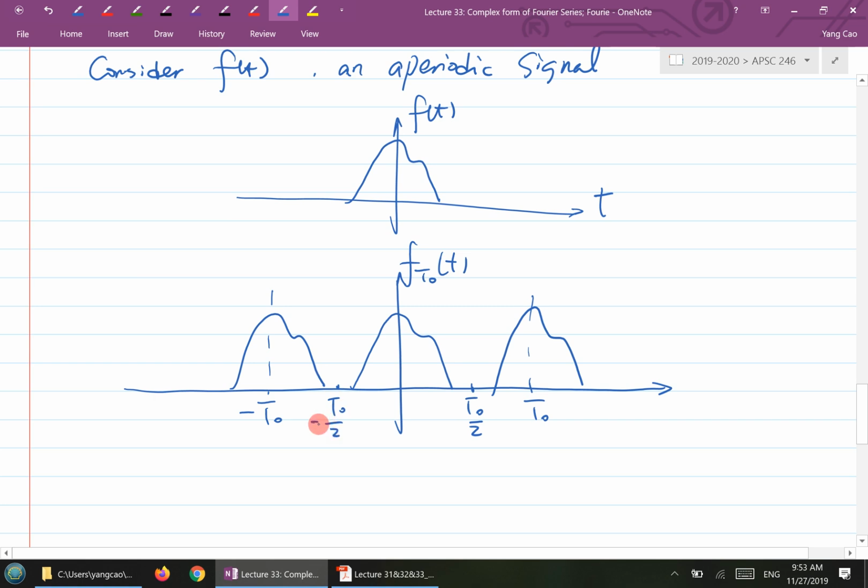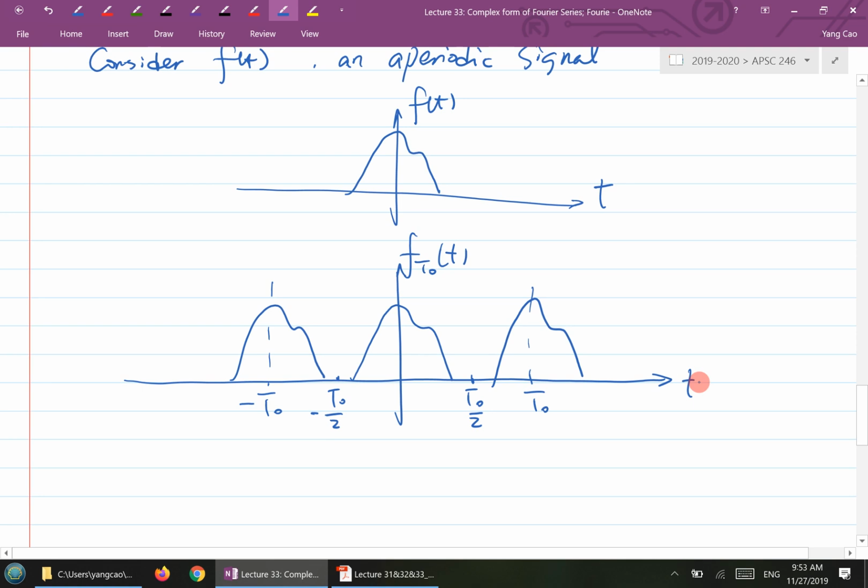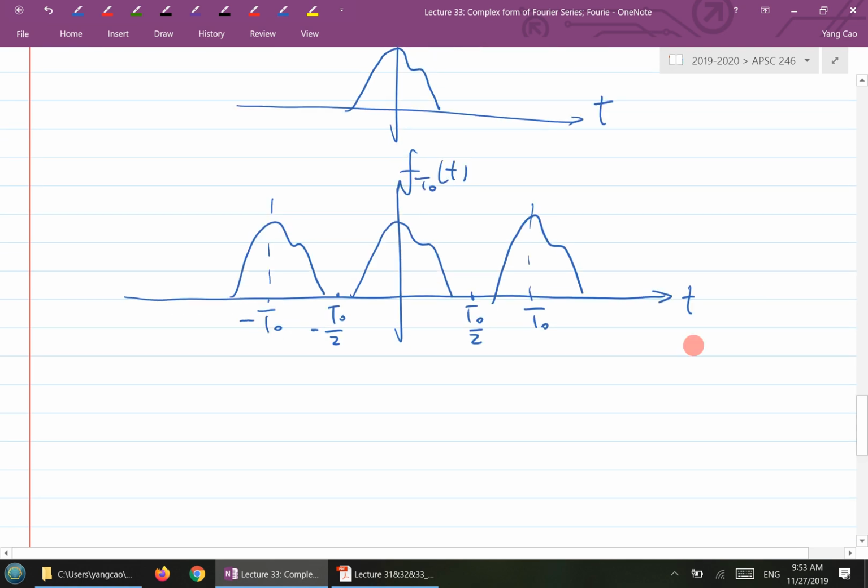Okay, this is all we're doing here, right? We're making copies of it, and then we make a new periodic function out of that aperiodic function. So this is f of t naught here.